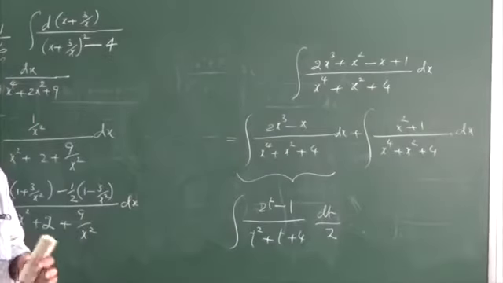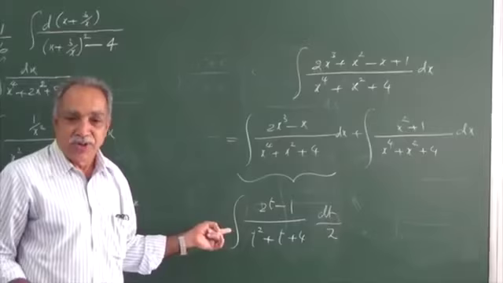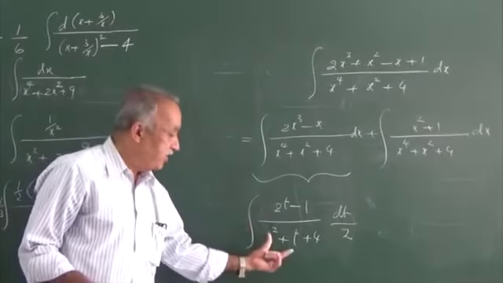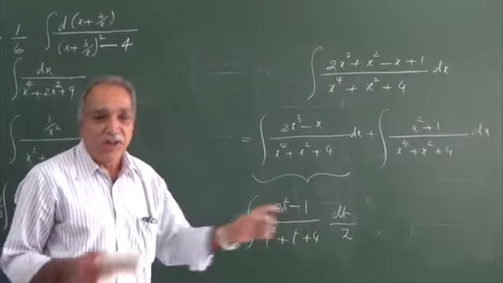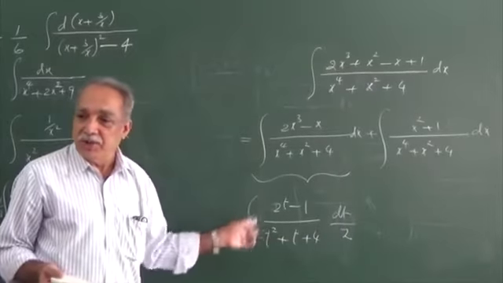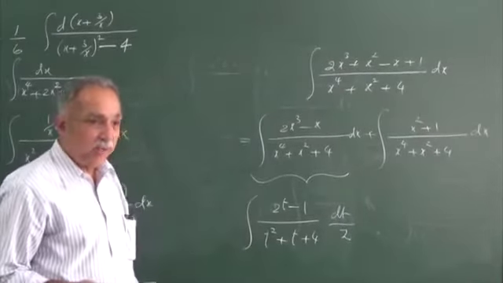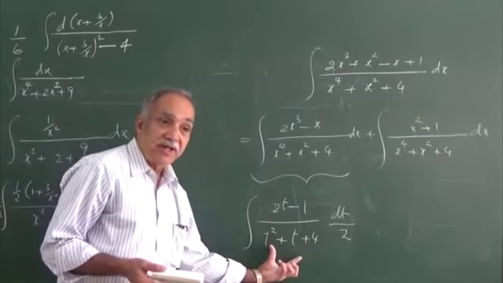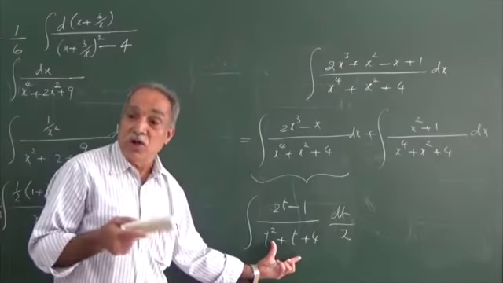Agreeable? Yes. How to proceed now? You know the well-known approach. Write the numerator as the derivative of the quadratic in the denominator plus another constant. Break it into two parts. Part 1 substitution, part 2 completing squares. Before that, you may check, is the denominator factorizable? If it is factorizable, you need not go through that longer procedure.